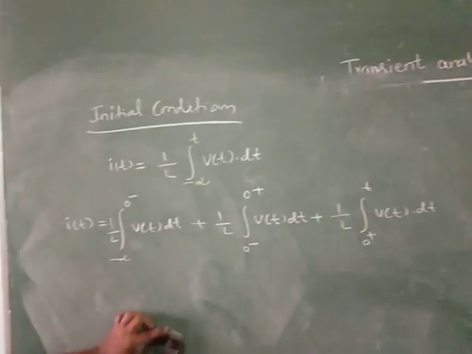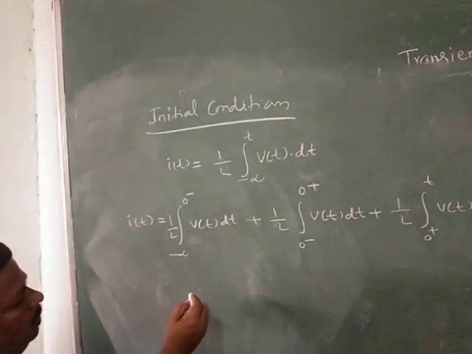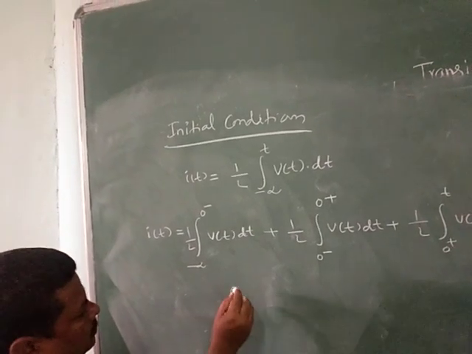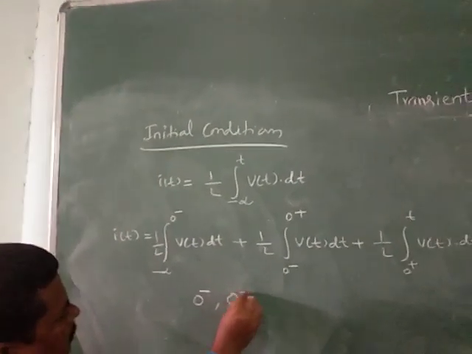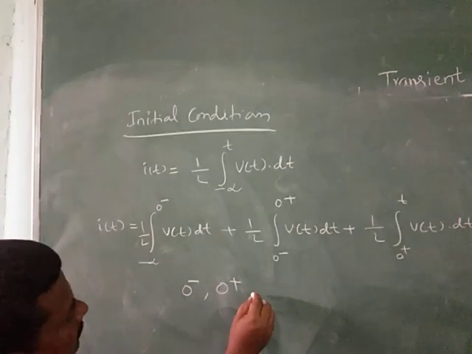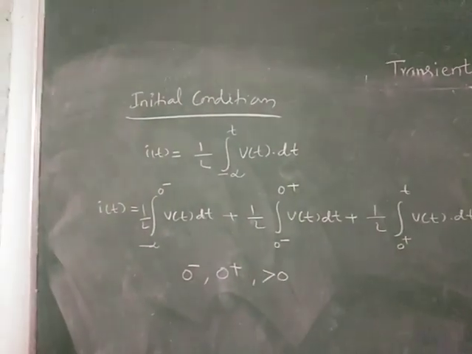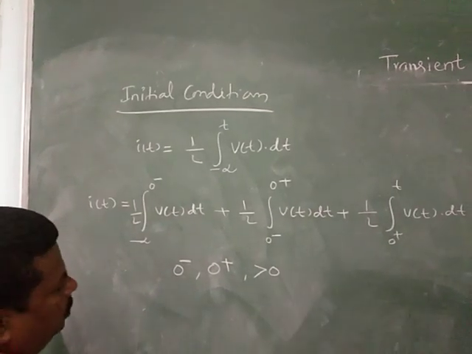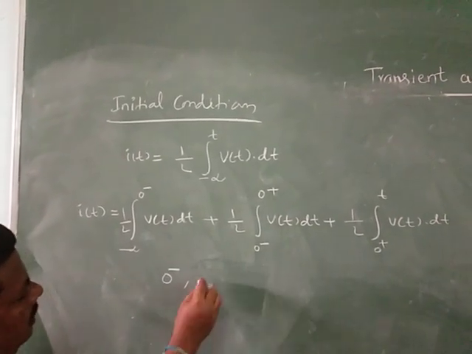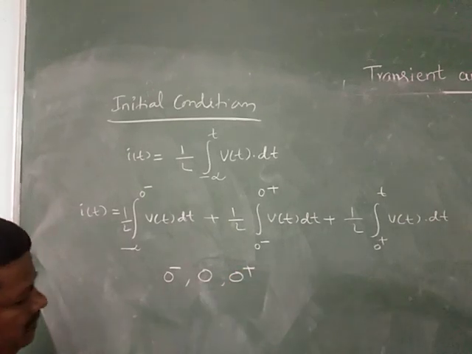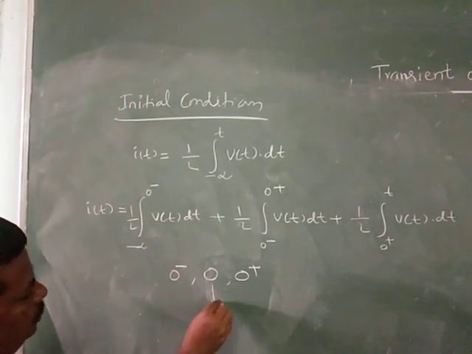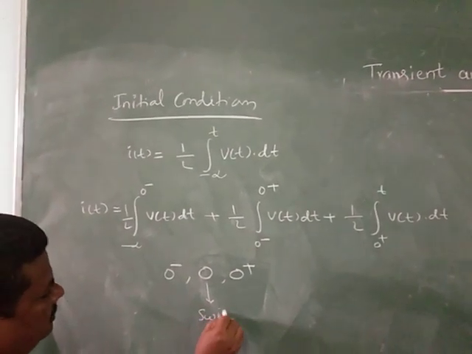In entire transient analysis, you can always concentrate on 0 minus, 0 plus, and greater than 0. Generally at 0, switching action takes place.